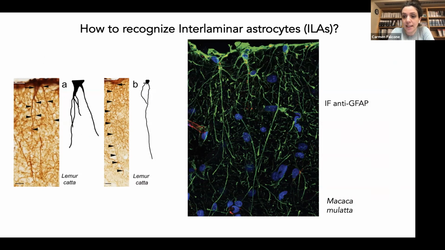We use this anti-GFAP staining, and then we look at the morphology and the position in the cortex. So far we can only do studies in slices from real brains. We cannot do studies in vitro because we don't have a specific marker, so we would not be able to recognize them from the other astrocytes.